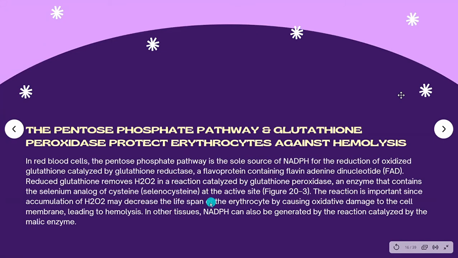When the glutathione is oxidized because it tries to blunt the effect of free radicals, in order that it can still be useful, it has to be reduced. And you have the enzyme glutathione reductase, which uses NADPH as the reductant.